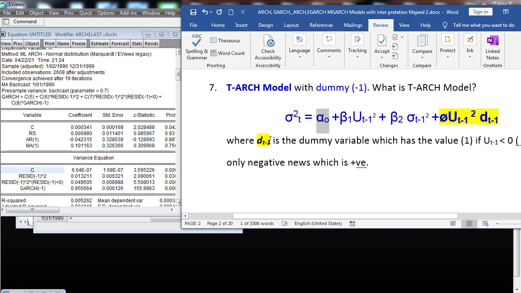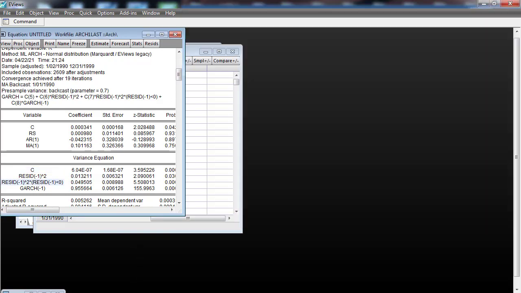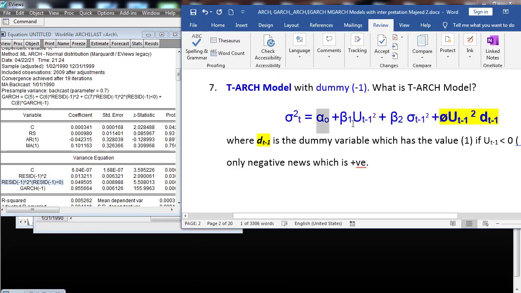and C6, as you can see, is the residual lag 1 square, the ARCH term, and C7 here, which is B2, is the GARCH lag 1 period square, which is the GARCH term.